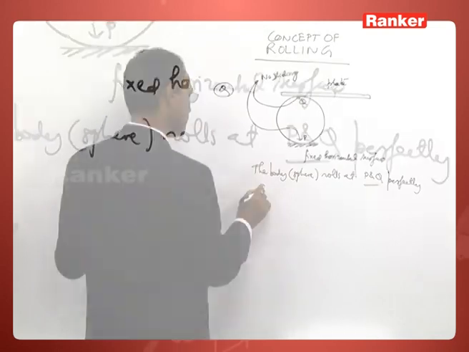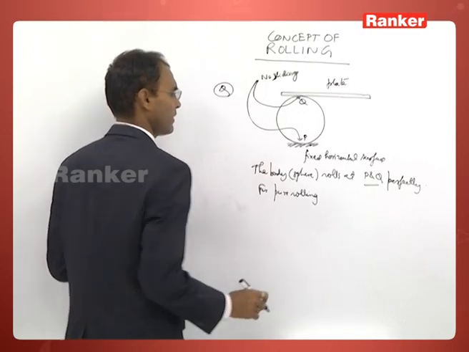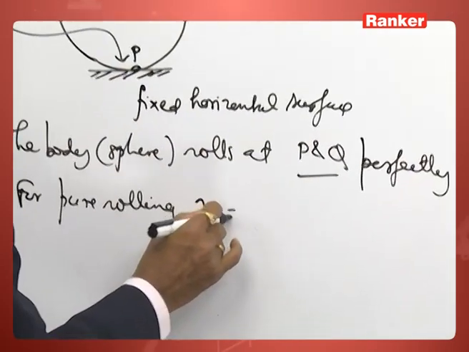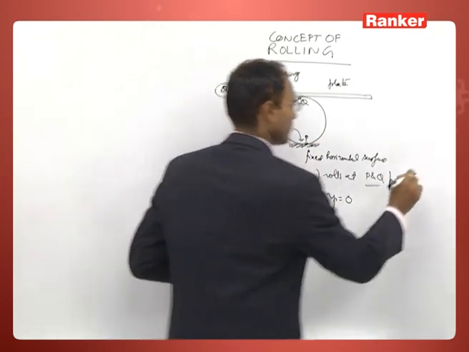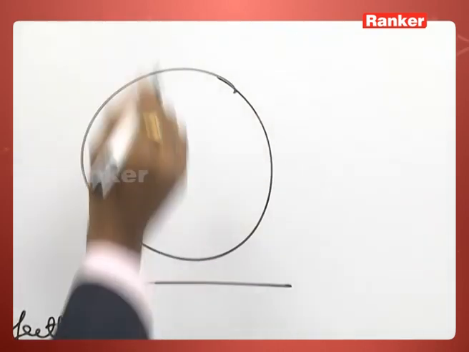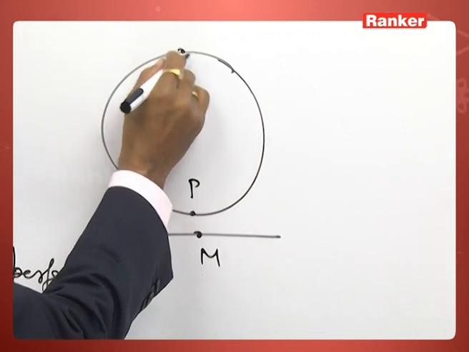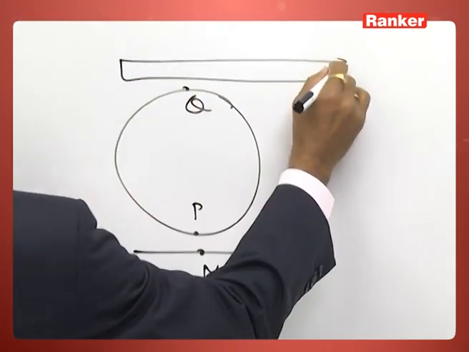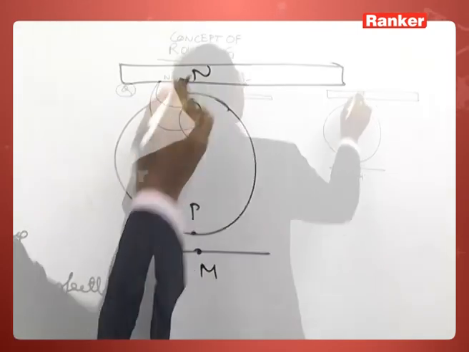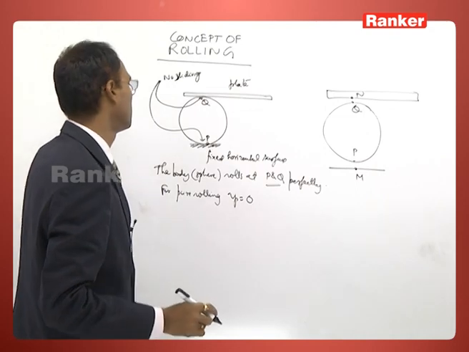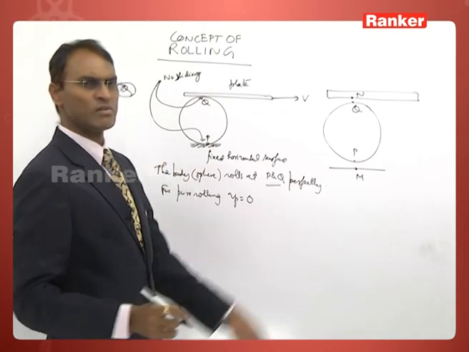Condition is that for pure rolling, here Vp is equal to 0, because this is P, this is M, this is Q and this is suppose N. Let us pull the plate with velocity v.